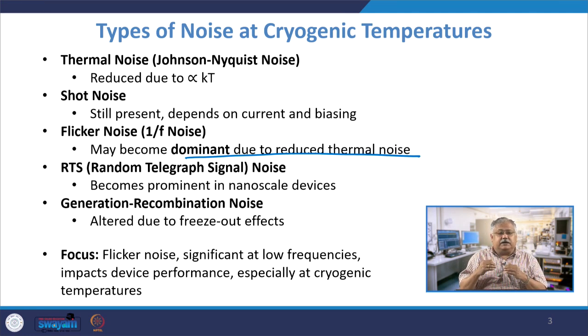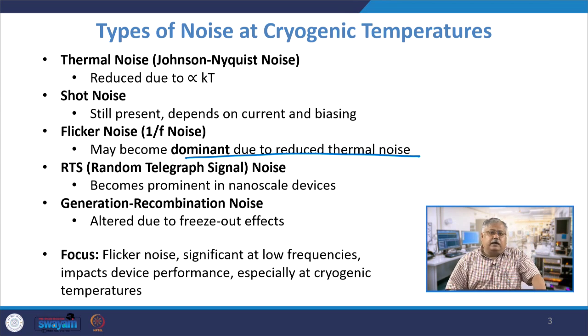With respect to the thermal noise, initially flicker noise was low and thermal noise was very high at 300 Kelvin, but when you reduce the temperature and bring it down to the millikelvin region, the thermal noise almost vanishes, and therefore, the flicker noise becomes more dominant, right, and therefore, it is one of the most important noises which you need to study at cryogenic temperatures.